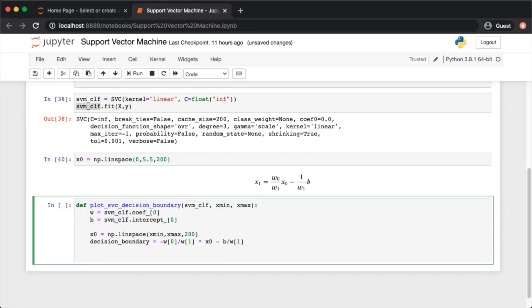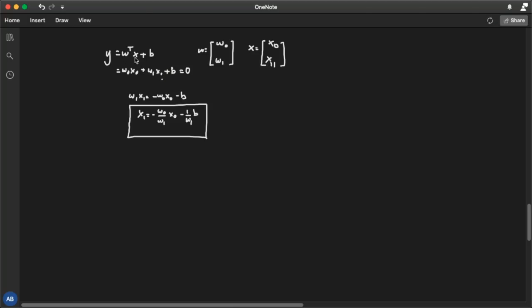And, well, what is my margin over here? That's a good question. It is when the same term is, instead of 0, evaluated as 1. So it's when w0 x0 plus w1 x1 plus b is 1.